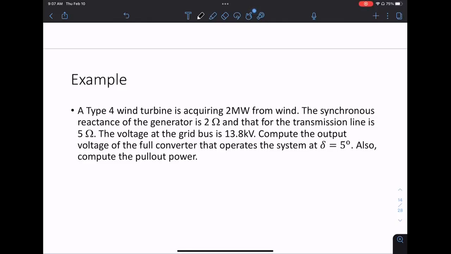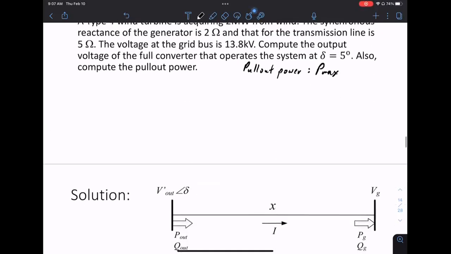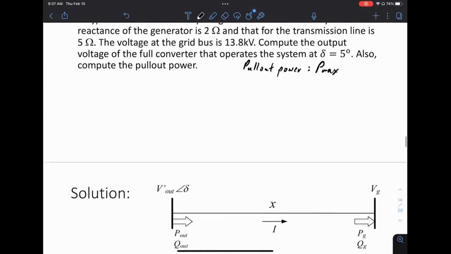The pull-out power means the maximum power. So pull-out means this is Pmax, the maximum power you can have. So this is an example of, given the angle, figure out what the voltage is.